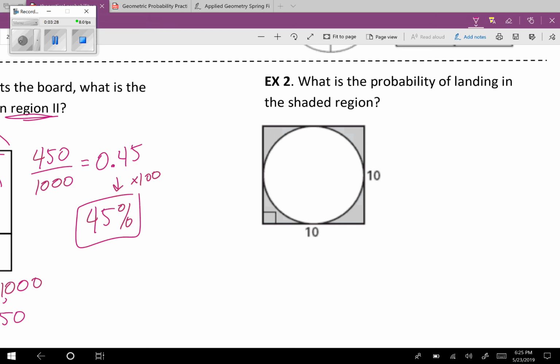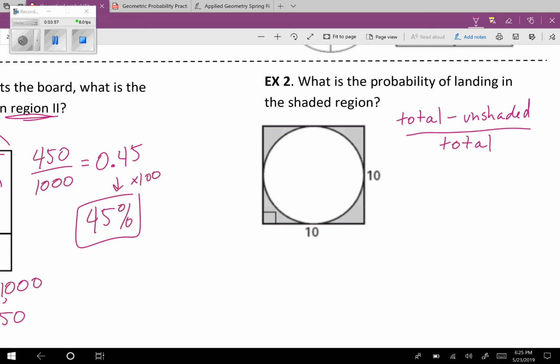It's going to be the total area, and then you take away the unshaded part, so that gives you the shaded, out of the total. So it's total minus the unshaded, out of the total. Okay, so that's the usual formula that you're going to follow. So then you just look at the different shapes you have.